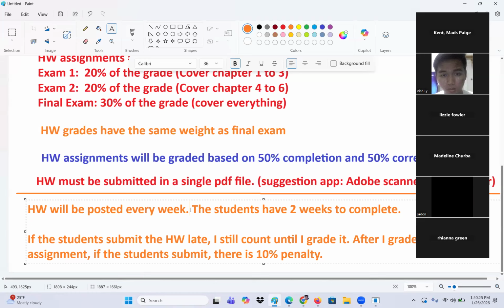So let's say that homework was 20 out of 20. You can only get a maximum of 18 out of 20 if you submit it late. I mean, it's not about the due date, but about the date that I grade the homework. I would take away 10%. If you pass the due date, that's perfectly fine. Okay.